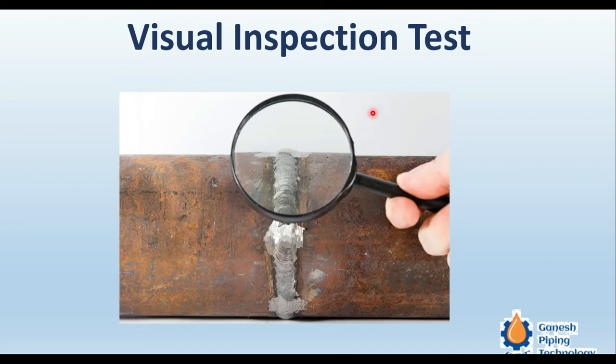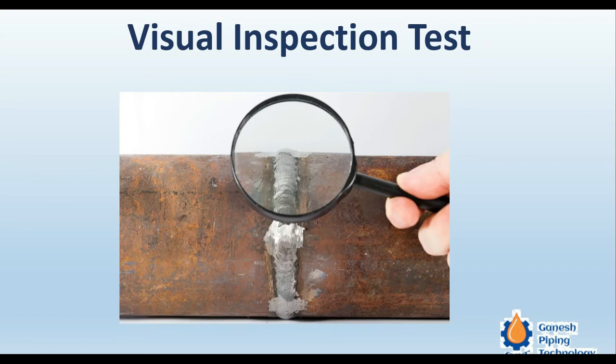There is a certified welding inspector, and there is a certification program for that, who is qualified for conducting this kind of test. By means of this magnifying glass, we can see that he is trying to identify if any cracks are there, minute hairline cracks.